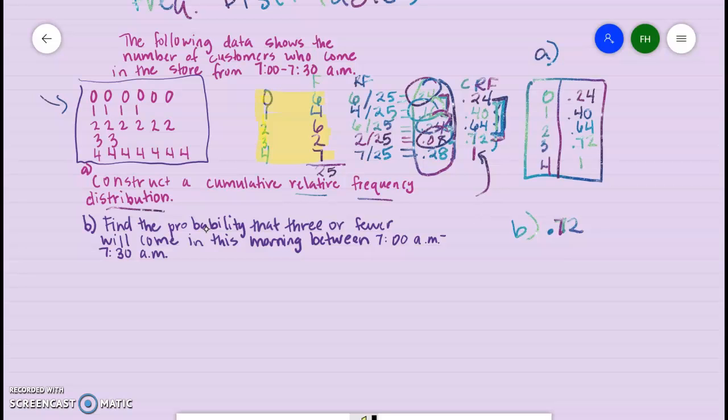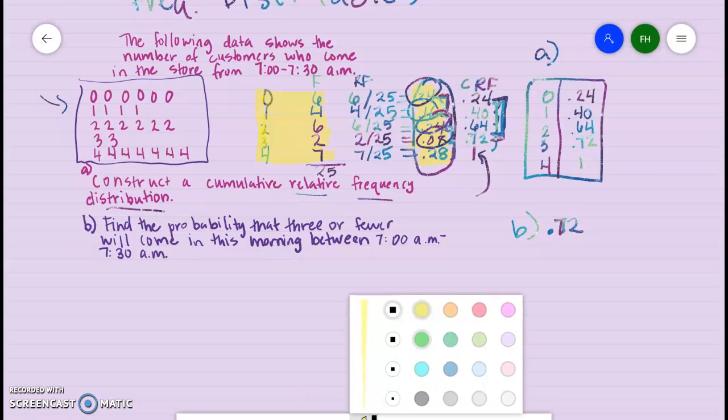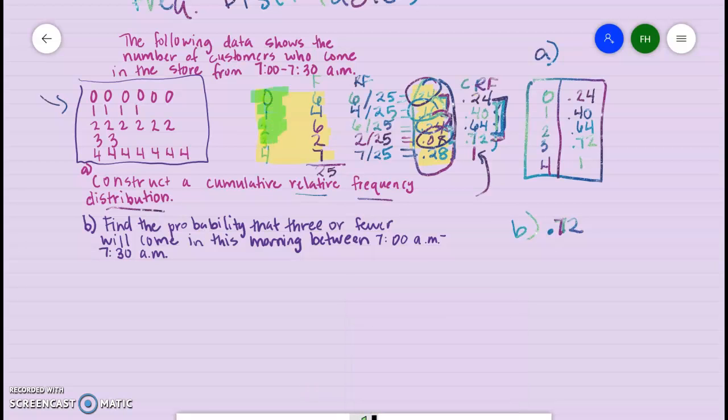When you do the 0 and the 0.24, these numbers, if you did this one and this one, this would be what we call the relative frequency distribution table. And then if you did what we did over here in part A, this is the cumulative relative frequency table.